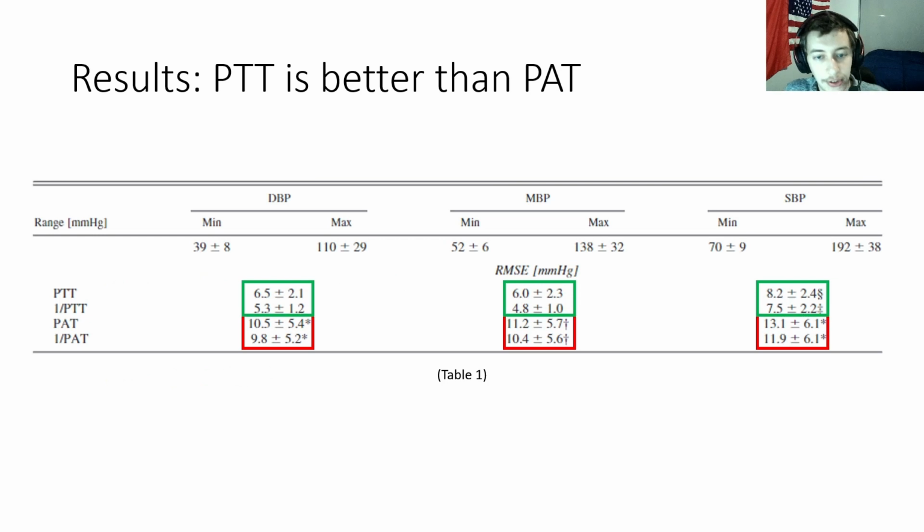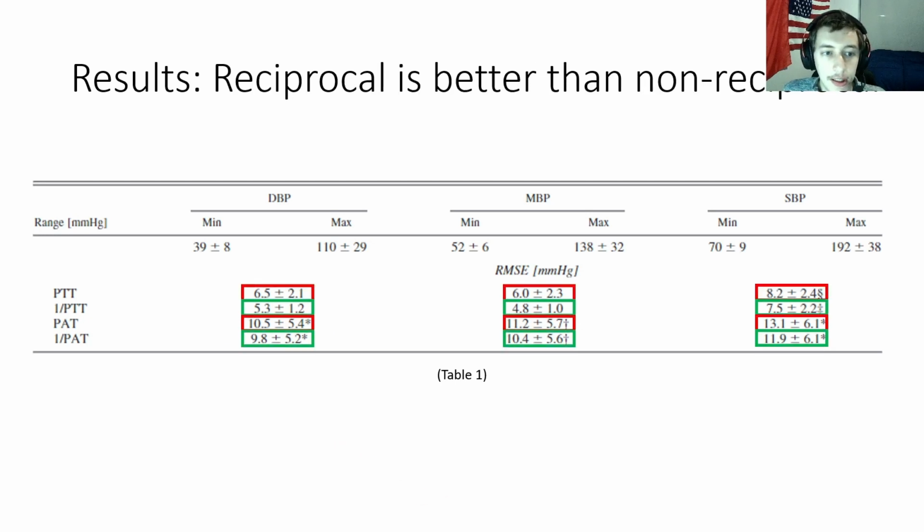And so in terms of the results, they find pretty clearly that pulse transit time is better than pulse arrival time for this, and you can see that because in the green boxes, the RMSE is typically lower than in the red boxes, which is where the PAT predictions are. They also find that taking the reciprocal of either pulse transit or pulse arrival times was better than taking the non-reciprocal.